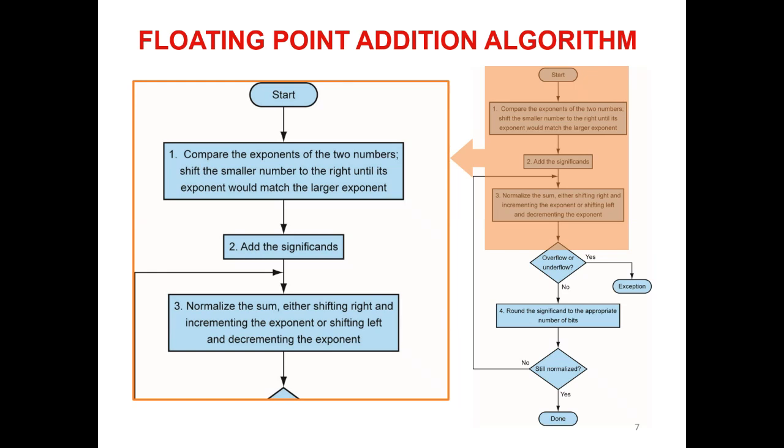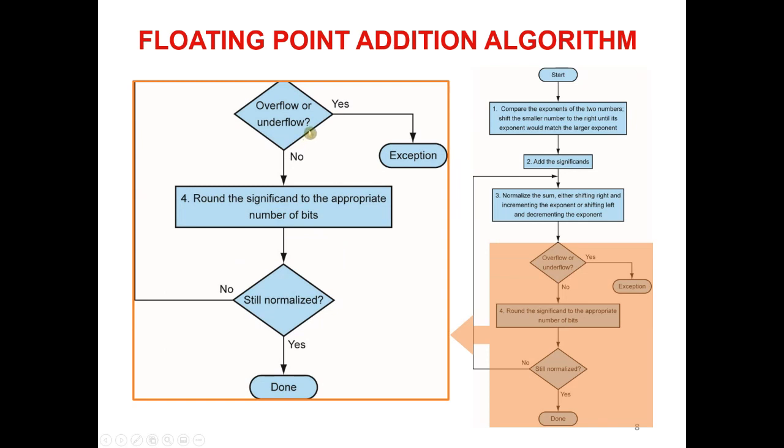Then what we have done in step 2 is adding the significands, and afterwards we have normalized the result. Remember, normalize means we only want one digit before the point. And the fourth step is checking: do we have overflow or underflow? We will see later what this means. If this happens, we will just throw an exception.